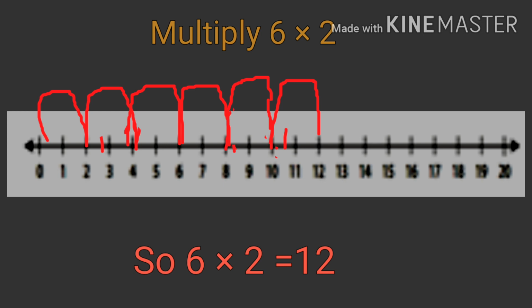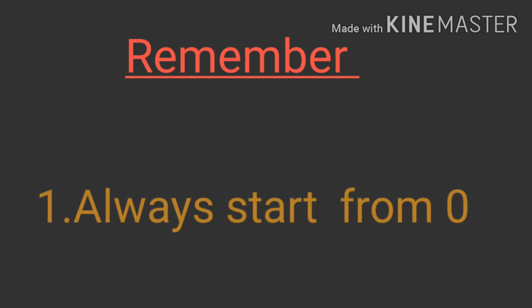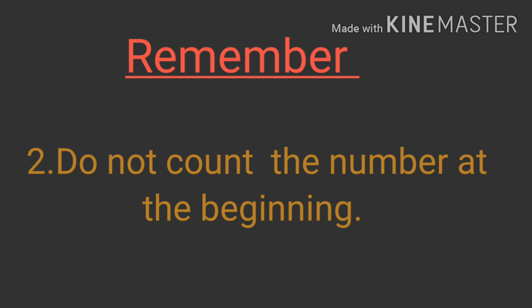So, 6 into 2 is equal to 12. Now, you have learned to multiply on a number line. Children, you have to remember some points when we draw a number line. First thing is, always start from the number 0. Do not count the number at the beginning as you will get a wrong answer.